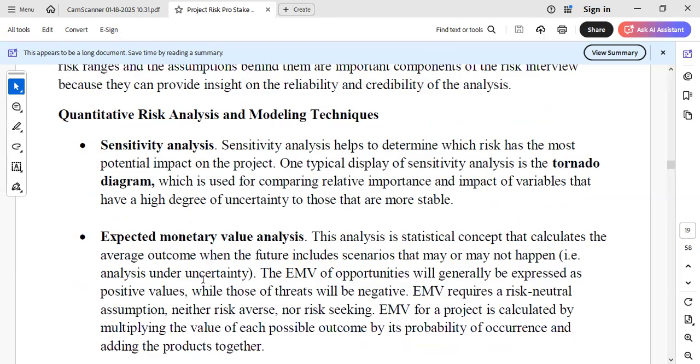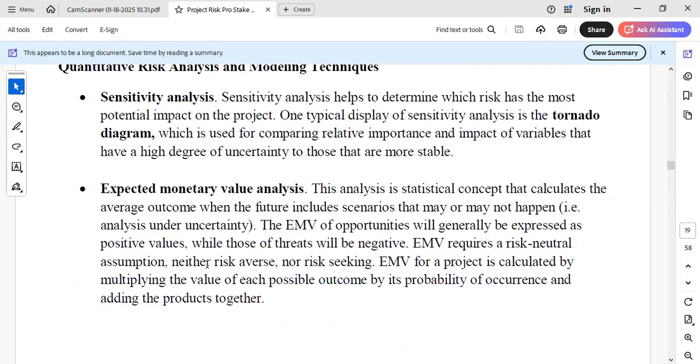Then we have the expected monetary value analysis. Remember, we are looking at how much the risk is worth as against the project objective. This is a statistical analysis that we use in calculating the average outcome when the future includes scenarios that may or may not happen.